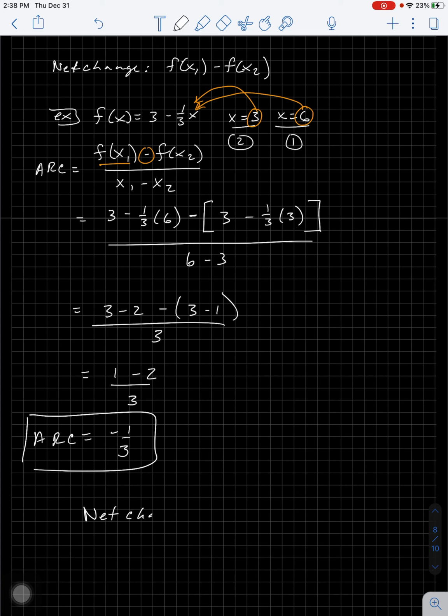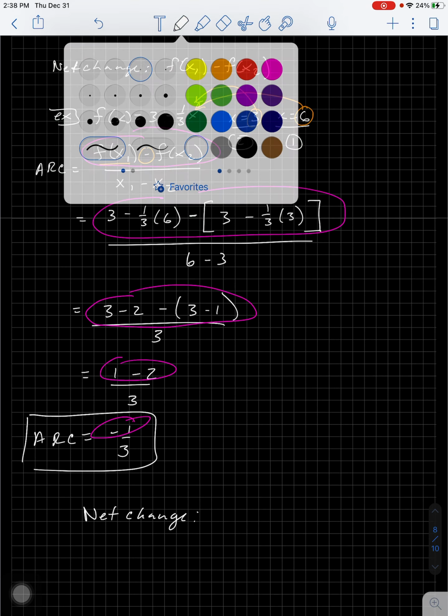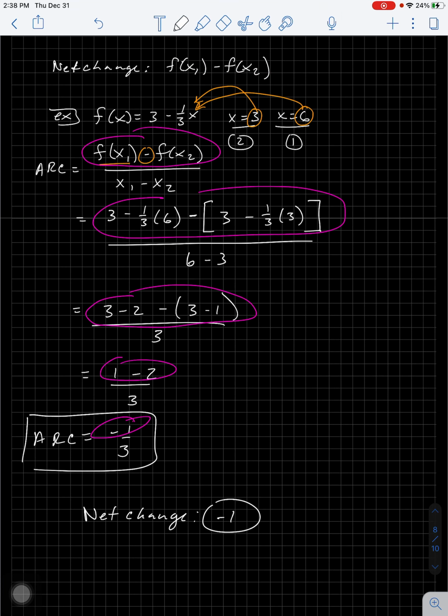If I ask you for net change, all you're going to do is take the value off the numerator, because the net change is just this part, which is just the top of your fraction. So the net change is going to be negative 1.